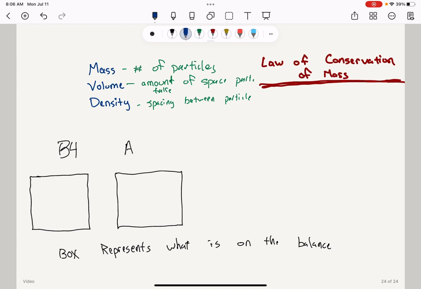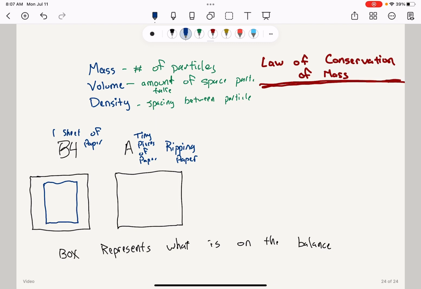So let's say in this case right here, we are ripping paper. So before, we have one sheet of paper. Then after, we have tiny pieces of paper. So we've ripped it up. But before we do it, we stick the whole piece of paper on the balance. And so on the balance, I'm going to draw a picture of just a piece of paper like that, okay?